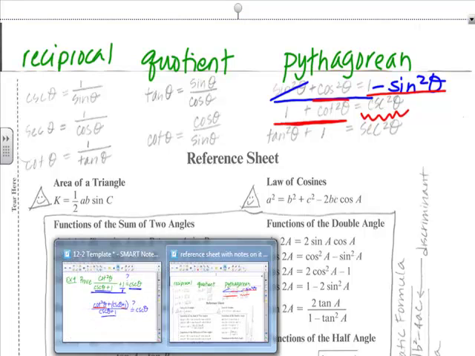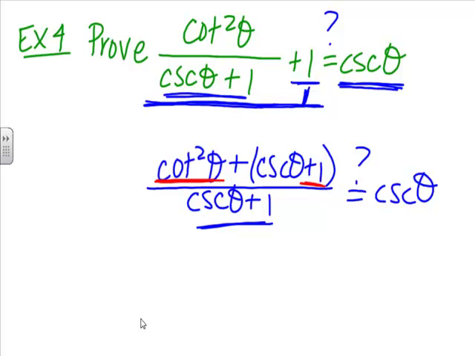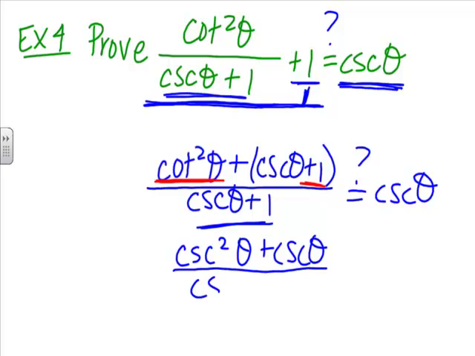So I'm going to come back here and make that substitution. In place of cotan squared theta plus 1, I'm going to put in cosec squared theta. And I still have this other cosec theta up on the top, all over cosec theta plus 1.